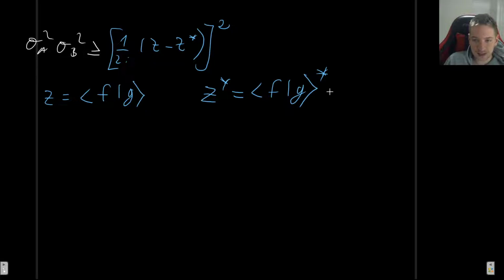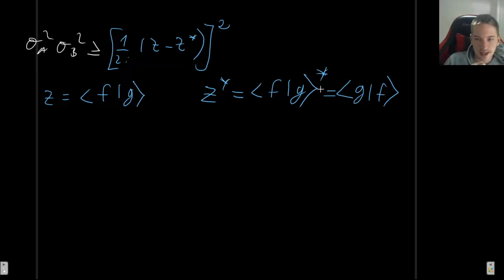And what is this? As we saw in the previous video about Dirac notation, if we take the conjugate of this bras and kets, we actually can replace it by writing it as bra g ket f, right? The bra of g, the ket of f. Basically, we turned it around.